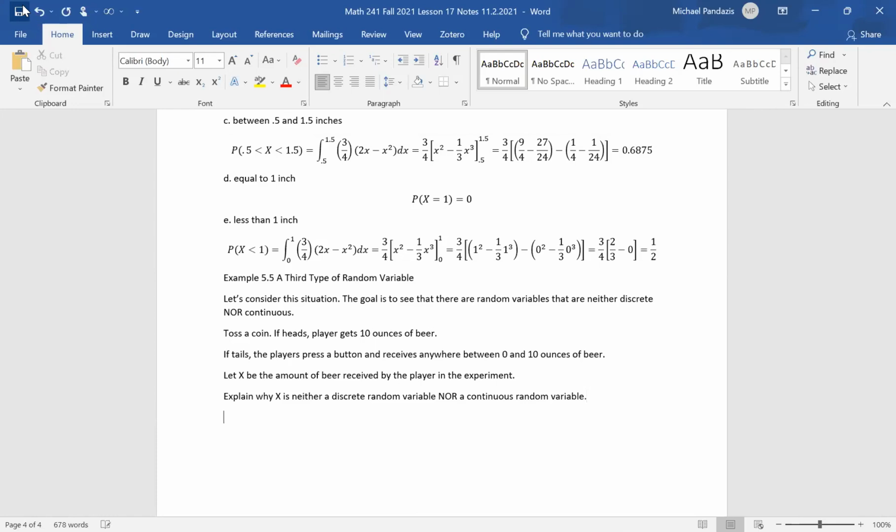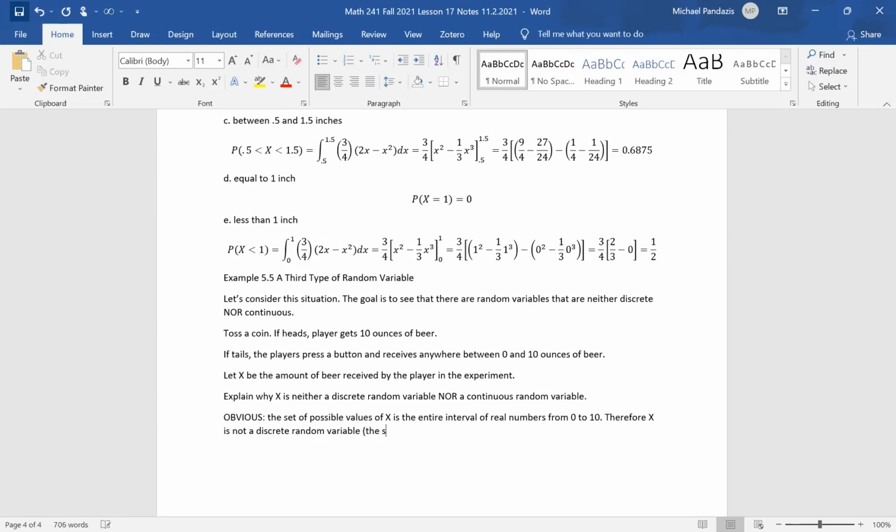First, let's think about something obvious. The set of possible values of capital X is the entire interval of real numbers from 0 to 10. Therefore, X is not a discrete random variable.